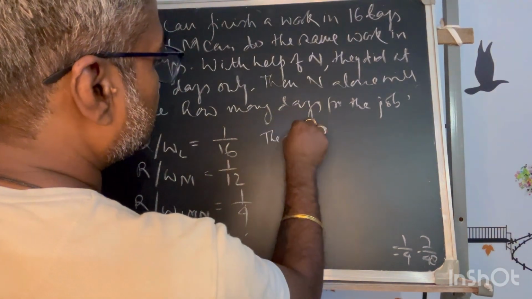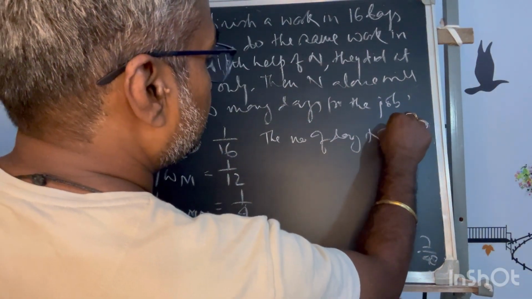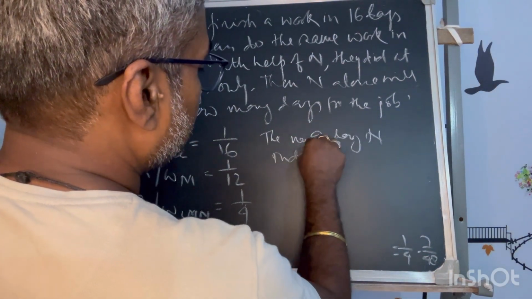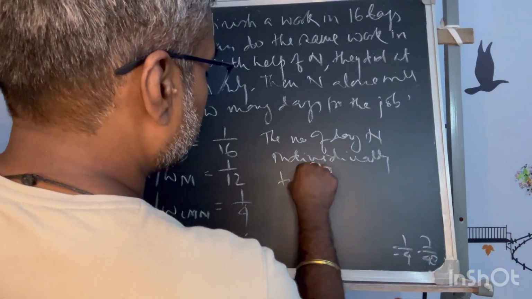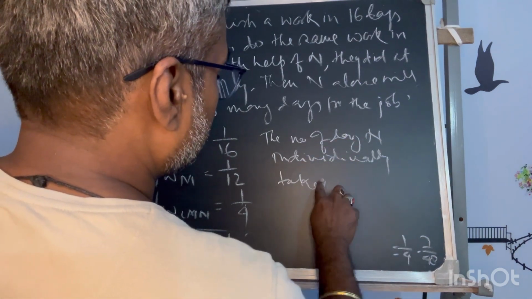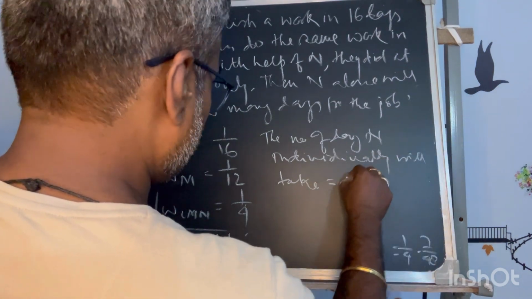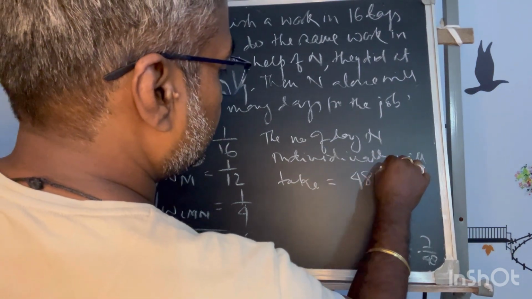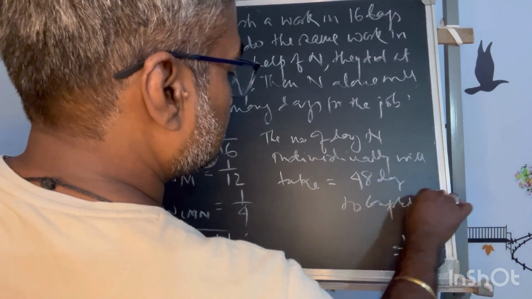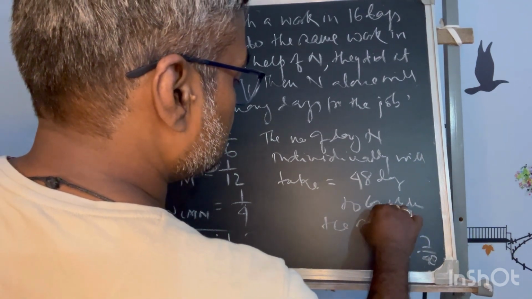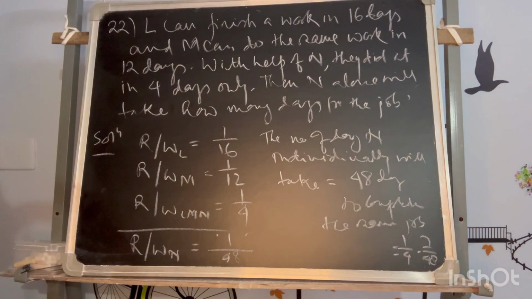So the number of days N individually will take is equal to 48 days to complete the same job. Okay, so this will be the answer.